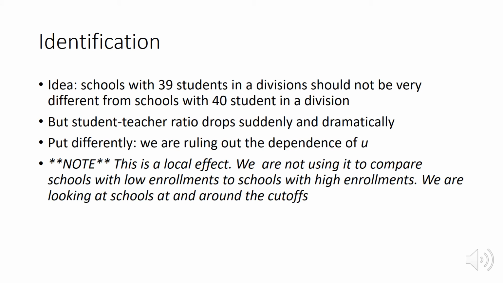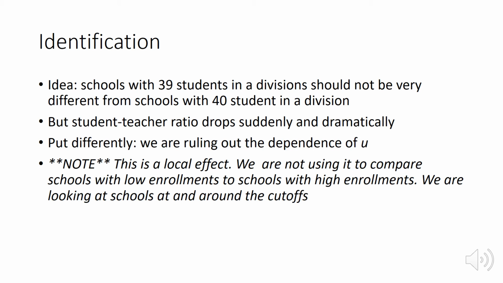This technique is not very good at comparing a student with a 1.5 GPA to a 4.0 GPA. Despite the fact that those students are on either side of the cutoff, we might think that they are very different. We might think there's a lot going on there not related to the cutoff. What we're looking at here is this very local effect.